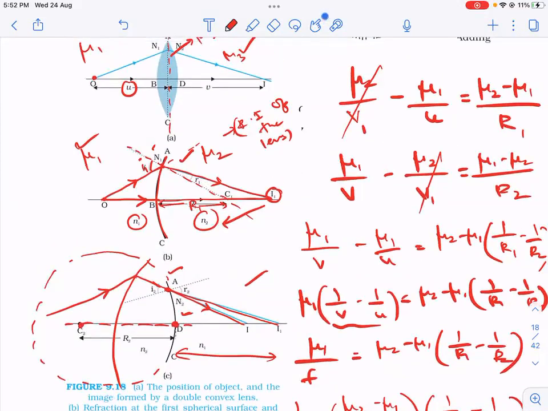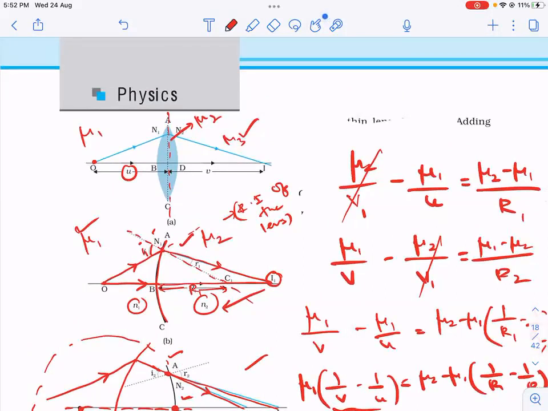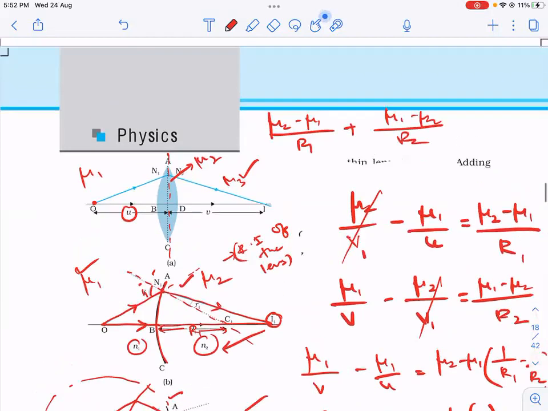See, this is mu2 minus mu1. Take the minus out of mu1 minus mu2. So it is mu2 minus mu1 divided by r1 plus mu1 minus mu2 divided by r2, which gives mu2 minus mu1 divided by r1 minus mu2 minus mu1 divided by r2.